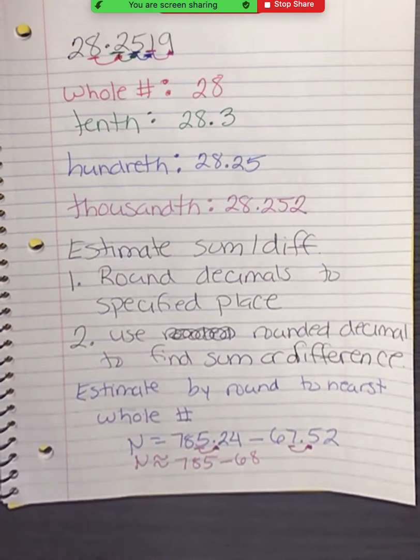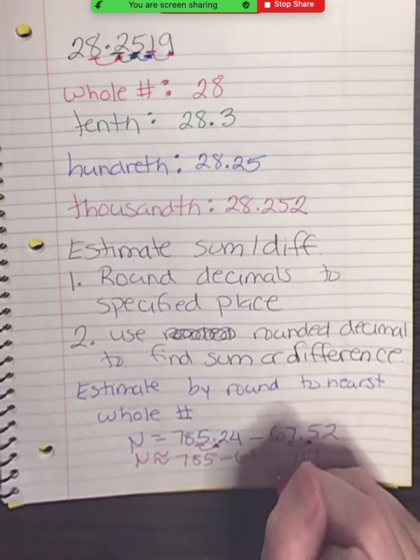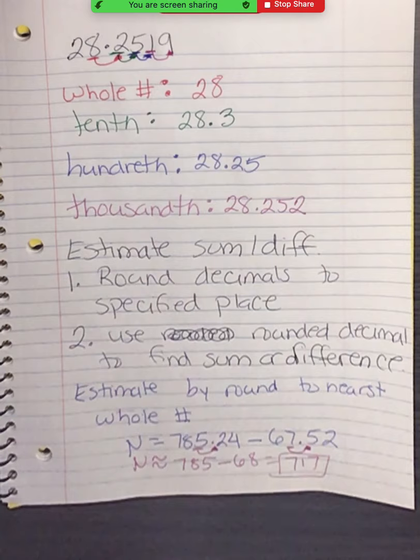It's not correct. Okay, you want it to be 785 minus 68, which is about 717. Okay, so that is 3.3.